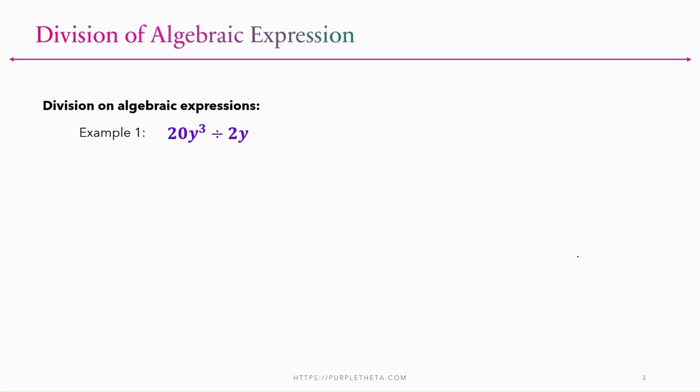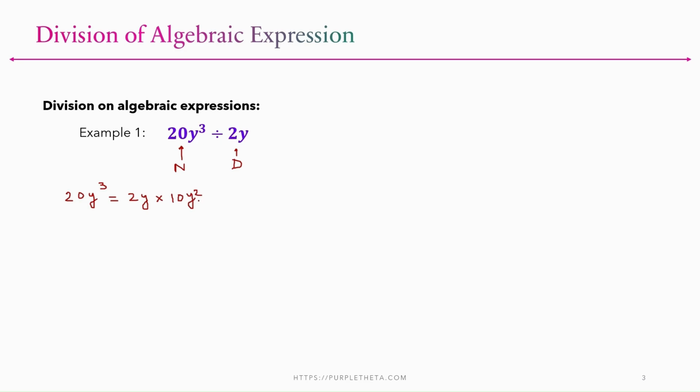For example, 20y cube divided by 2y. Here, 20y cube is a numerator and 2y is denominator, right? So we will write 20y cube in such a way that we can separate out 2y from it. So 20y cube is equal to 2y multiplied by 10y square.